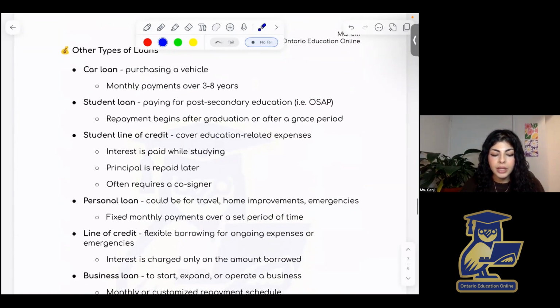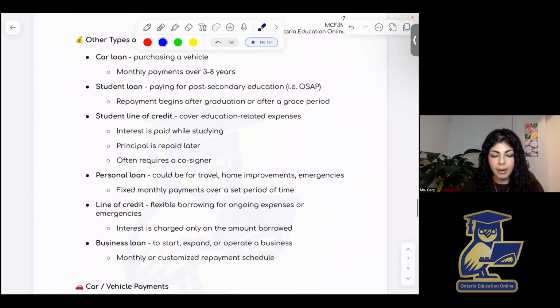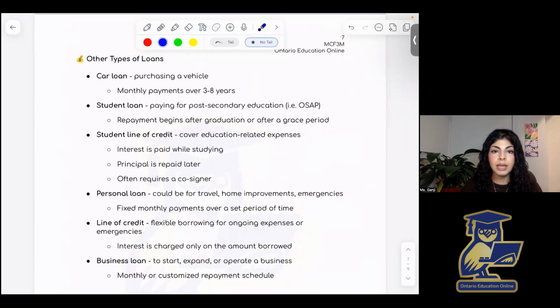So now, just some other types of loans, just to introduce you and for you to think about. Of course, we have car loans. If you are purchasing a vehicle, typically these are monthly payments lasting between 3 to 8 years. You also will have student loans very soon if you are going for post-secondary education.